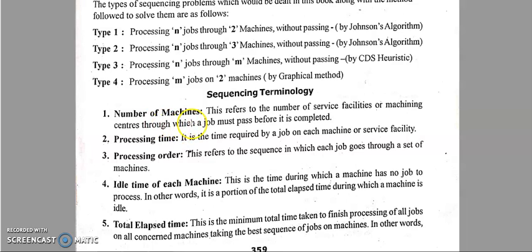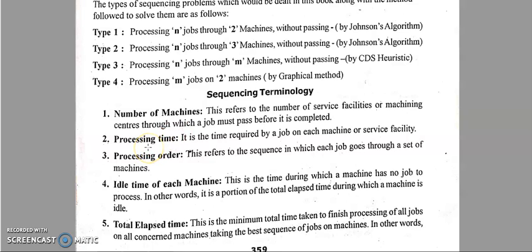The number of machines is different from the number of machines which are serviceably available, so here number of machines refers to those serviceably available. That is the definition of number of machines.